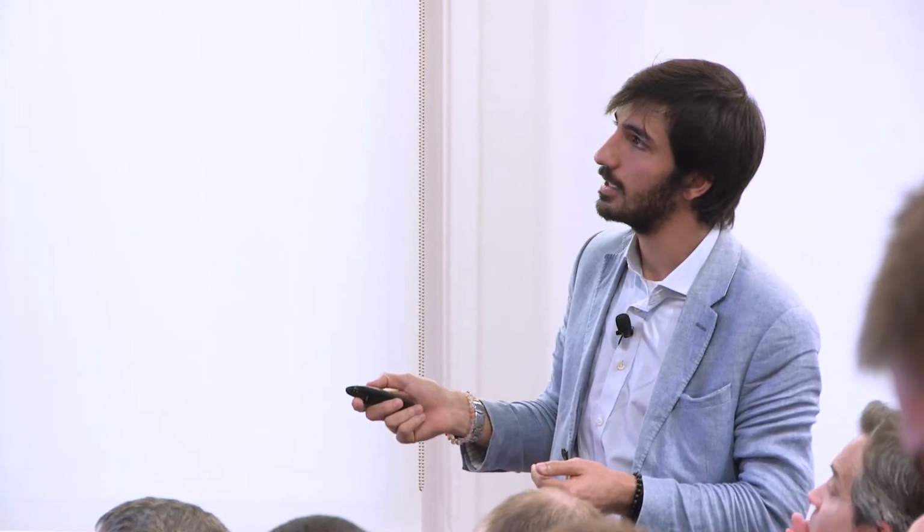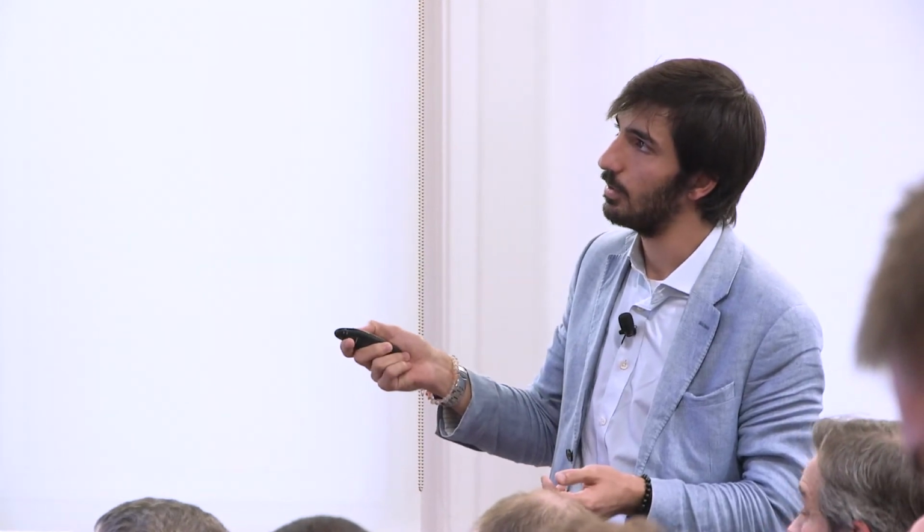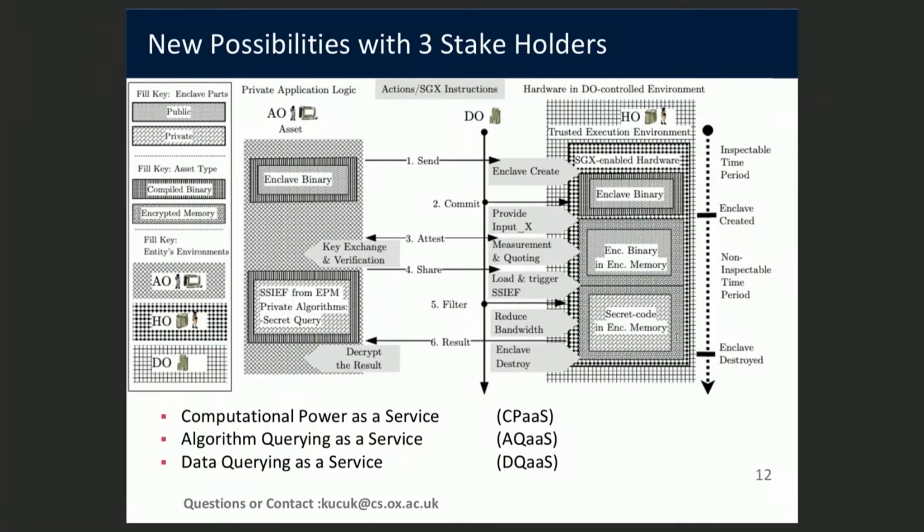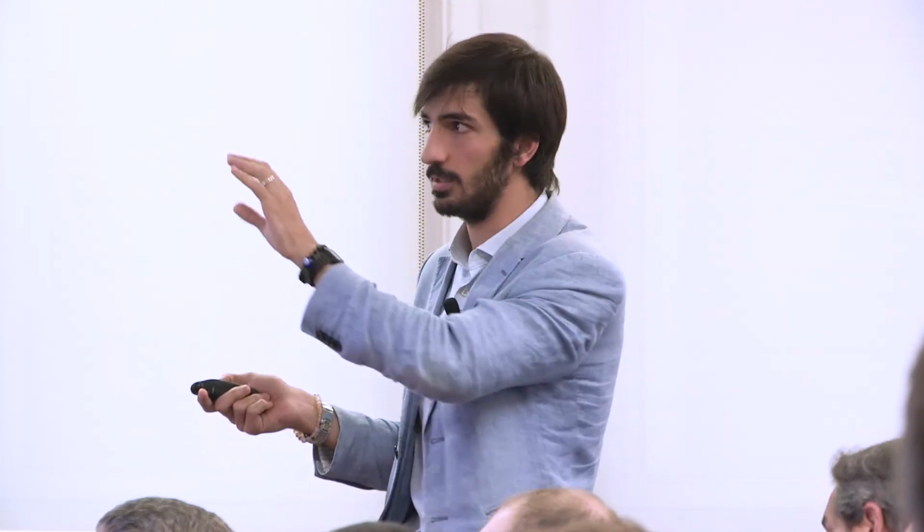And the third thing is that with these 3 stakeholders, algorithm owner, data owner, and hardware owner, we have data querying as a service. This is another key point: we have a filtering, bandwidth-reducing operation, because the data owner has full control over what amount of data will be returned, but not the content. So the data owner doesn't know what is leaked, but can always control and apply differential privacy filters or a privacy budget over the data.